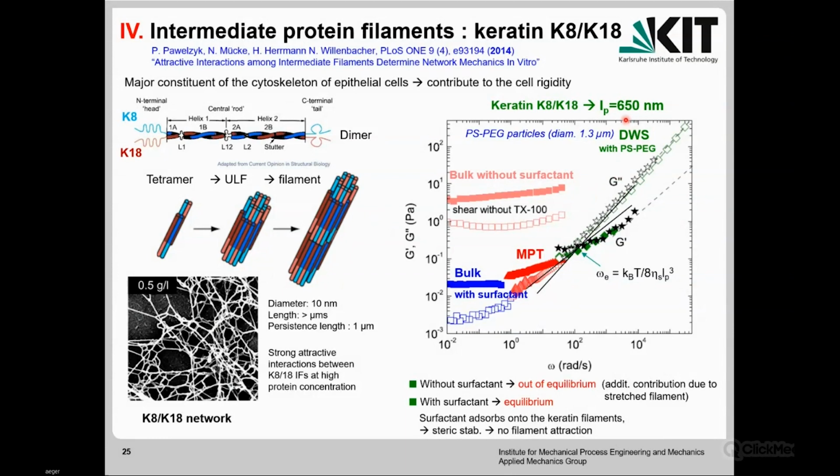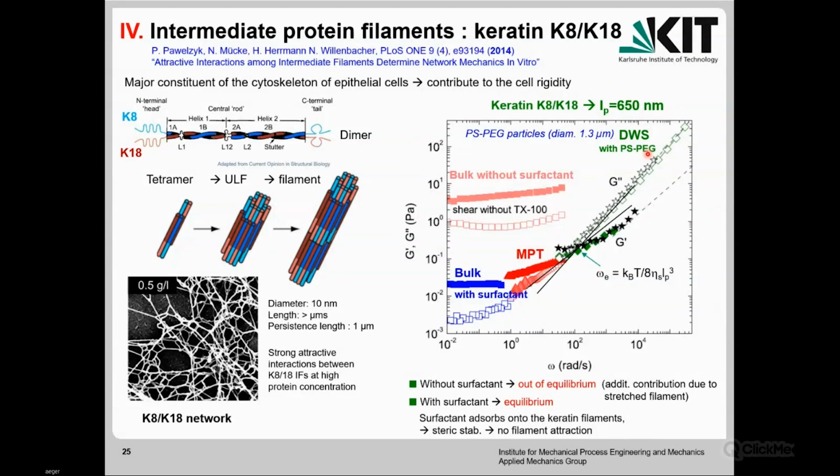We also measured some other viscoelastic properties, but one important piece of information from these measurements was to characterize the persistence length, and we found what is expected for this protein system, that they are much stiffer than worm-like micelles, for instance, or polysaccharide solutions. We have a persistence length around 650 nanometers. It also works for this system, but here you have to see that we use as tracer particles polystyrene particles coated with PEG.